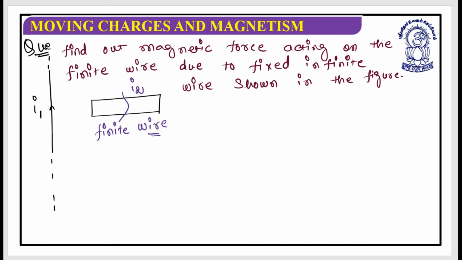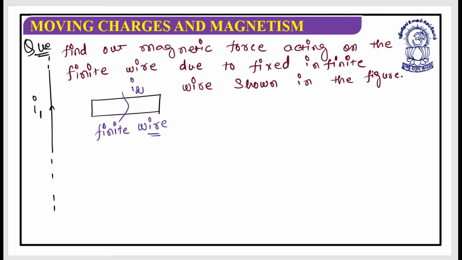Now you tell me how to deal with this. How could I do this? It says that one infinite wire is given, and what I need to find out is the magnetic force acting on this finite wire due to this infinite wire. How could I do this?